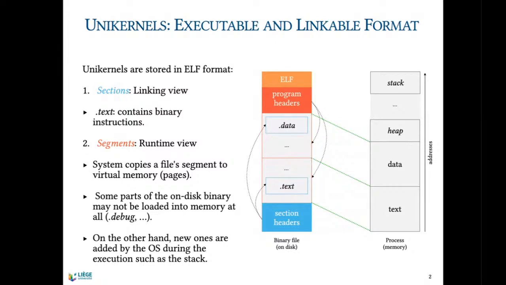The first one is the section view, and after that we have the segment view. In the first one, each section contains the necessary information for the linker. For example, there is a text section which contains the code, a data section which contains the data, a rodata section which contains the read-only data, and so on.